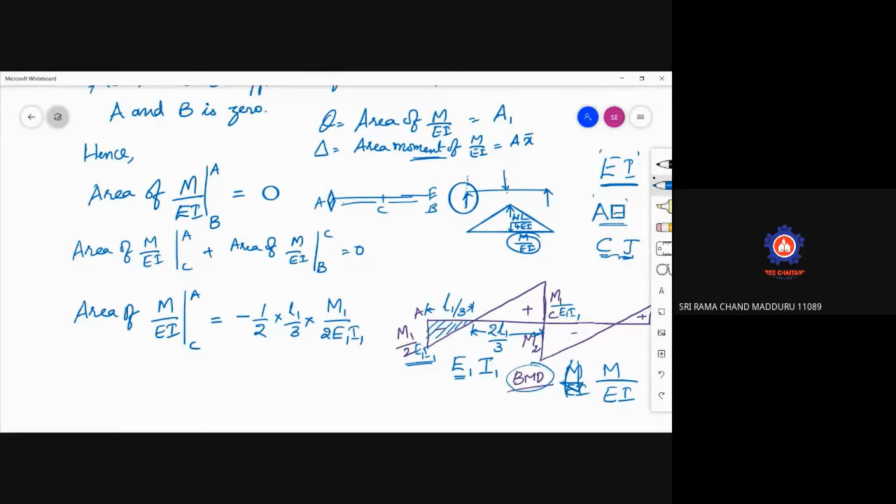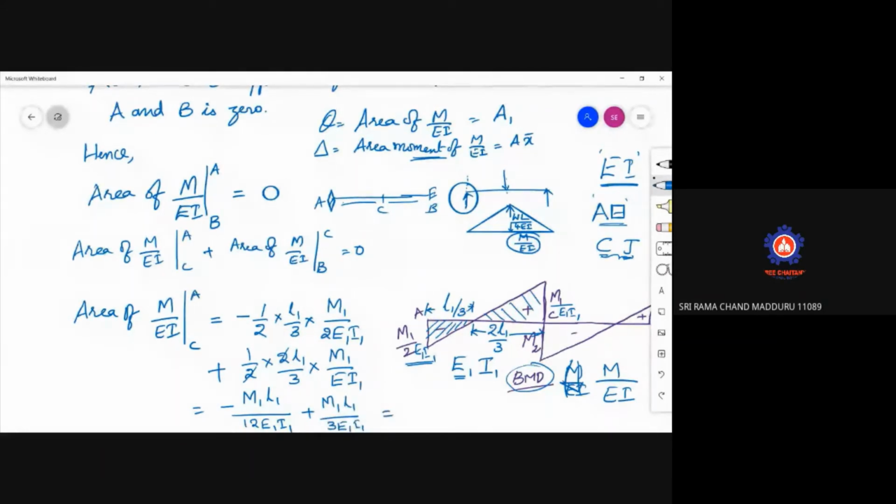Now coming to the next portion, this positive area you should write down. For this area, half into 2 L1 by 3 into M1 by E1 I1. So this and this you can cancel, and this term will be 1 by 3. You can write this as minus M1 L1 by 12 E1 I1 plus M1 L1 by 3 E1 I1.